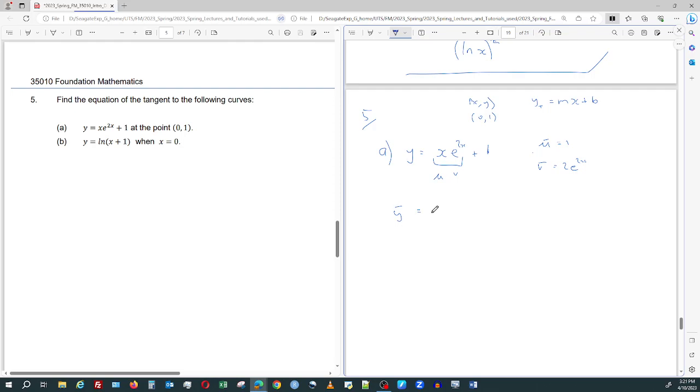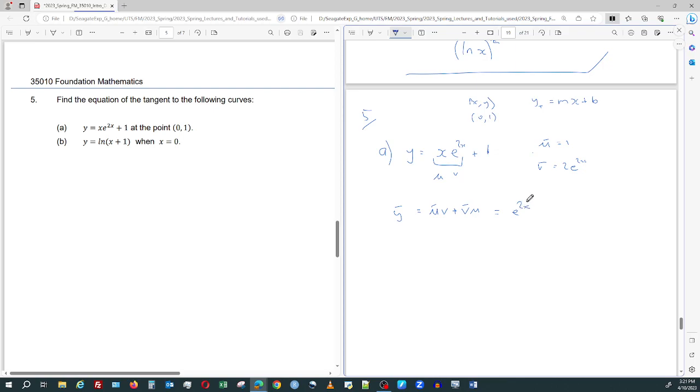So the derivative of a product is u dash v plus v dash u. Now u dash is 1, so I'm not even going to bother. V is e to the 2x.